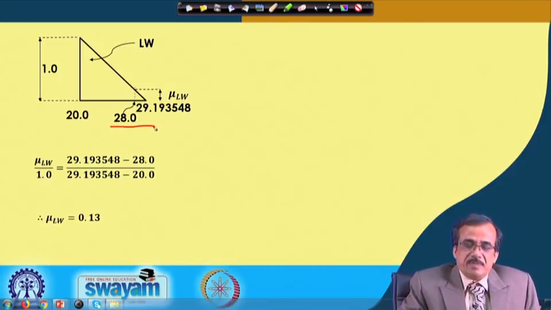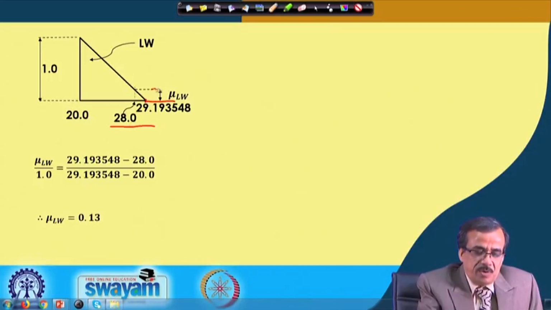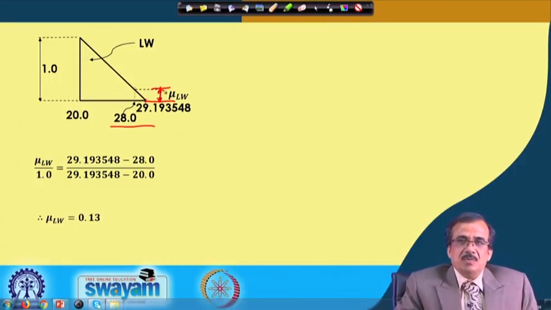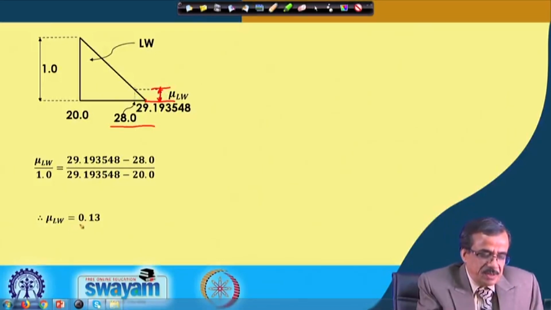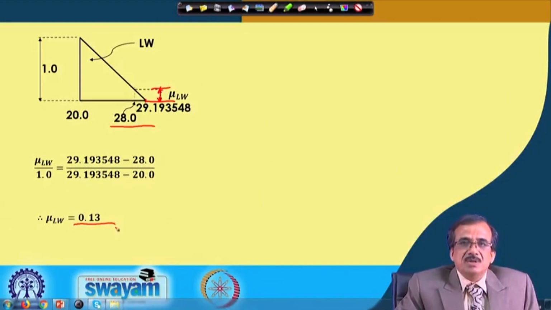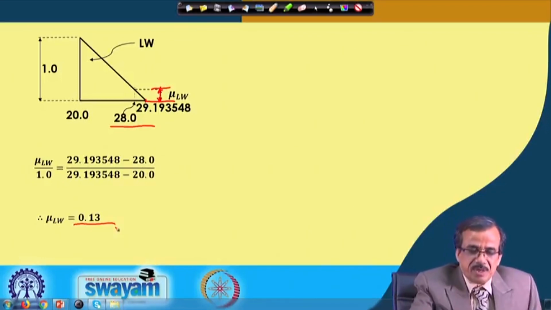Corresponding to 28, I can find mu low using similar triangles, and it is 0.13.